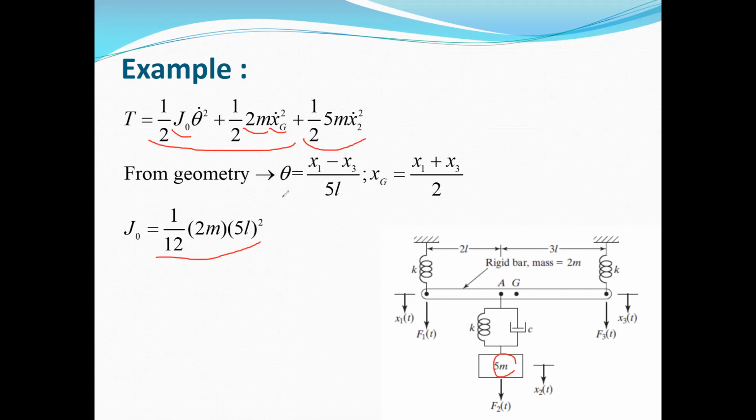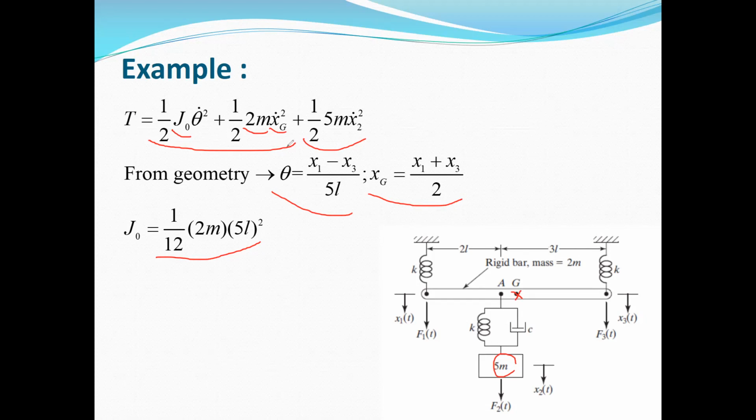So from the geometry, as I told you, xg, or the displacement of the center of this bar, is equal to the average of the displacements x1 and x3. So this is the relation between xg, x1, and x3. And also for theta, we can write that theta is equal to the difference between x3 and x1 divided by the total length of this bar, which is 5L.